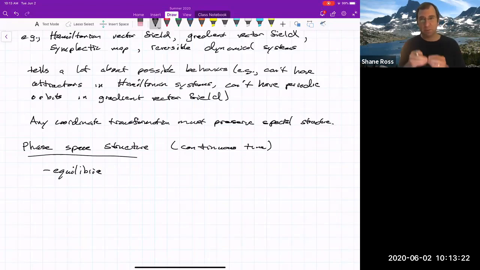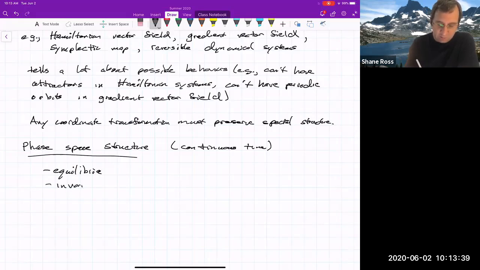We build up from small structures and look at how they relate to larger things. So equilibria would be the primary objects of interest, and then there are structures associated with the equilibria.